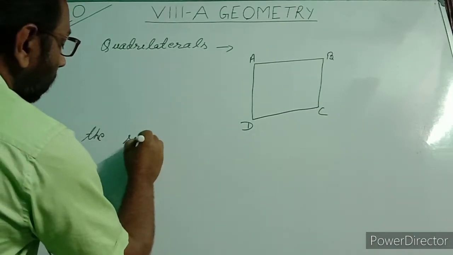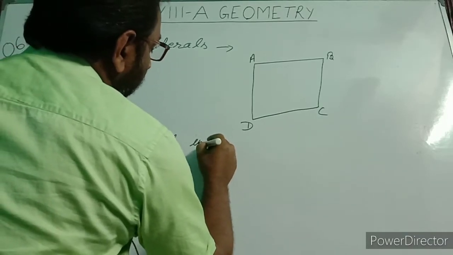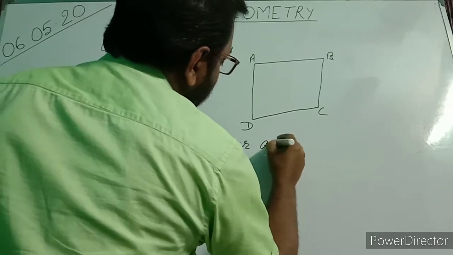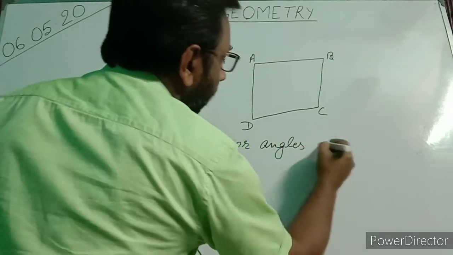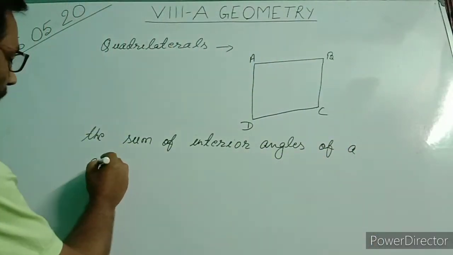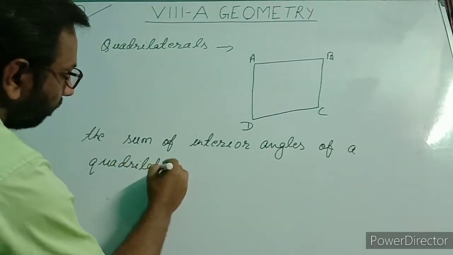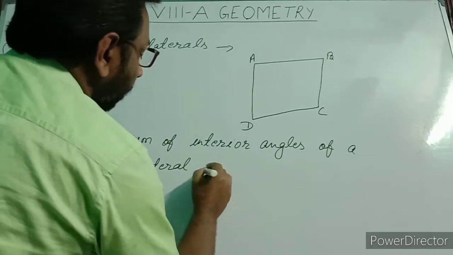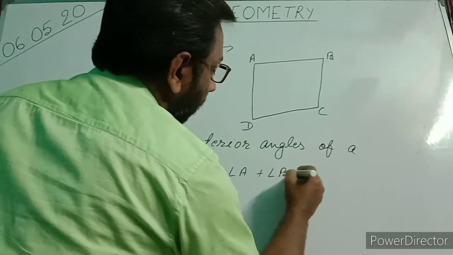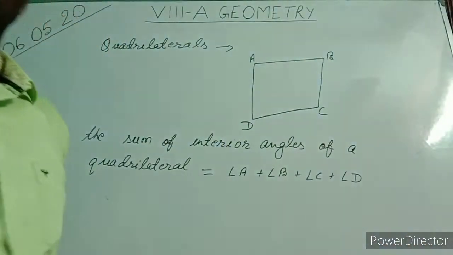The sum of interior angles of a quadrilateral, that is angle A plus angle B plus angle C plus angle D, is equal to how much?